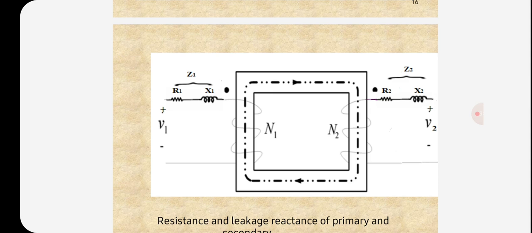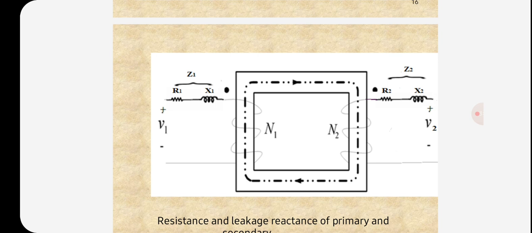So in this transformer having primary and secondary windings with resistances r1 and r2 and reactances x1 and x2 respectively, the impedance of primary winding is given by z1 is equal to r1 plus jx1, magnitude of z1 is equal to under root of r1 square plus x1 square.